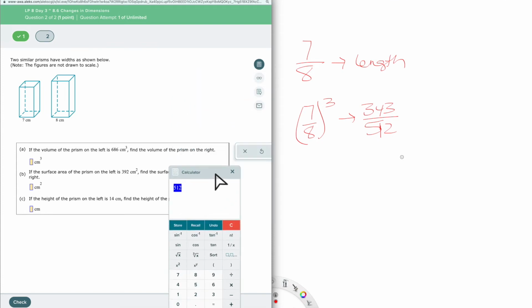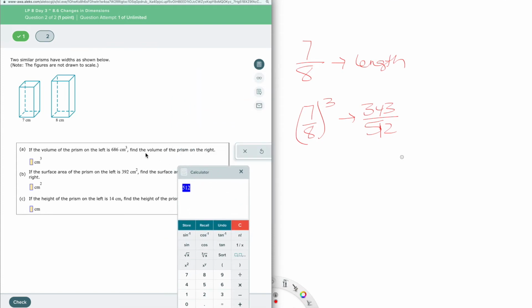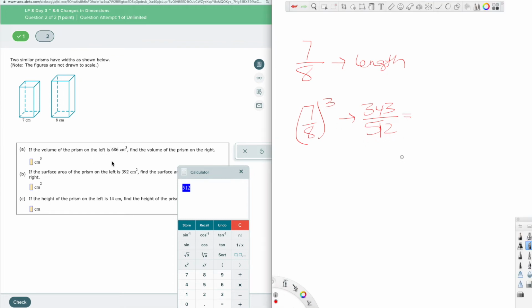So it says, find the volume of the prism on the right. So I know this is the scale factor. I can set it equal to these 2 pieces. This is the left and this is the right for my scale factor. So I have the volume of 686 on the left, and they want to know what is the right.